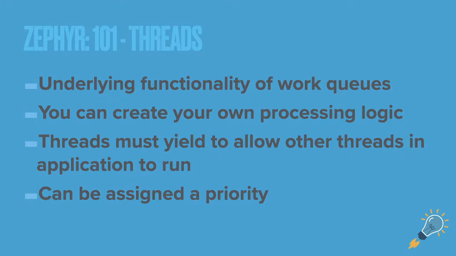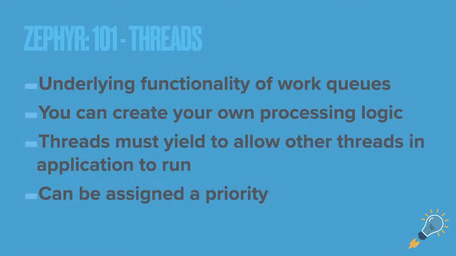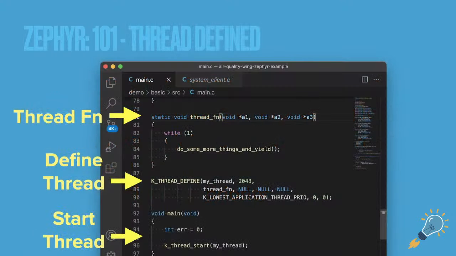And you can also, like you saw just a second ago, assign it a priority. And if we go here, this is just the definition of the thread, and then the function itself that actually gets called, and then you're defining using that K_THREAD_DEFINE macro, and we're just creating the name of it. So the first parameter is the name, second parameter is the amount of stack space you're requesting.